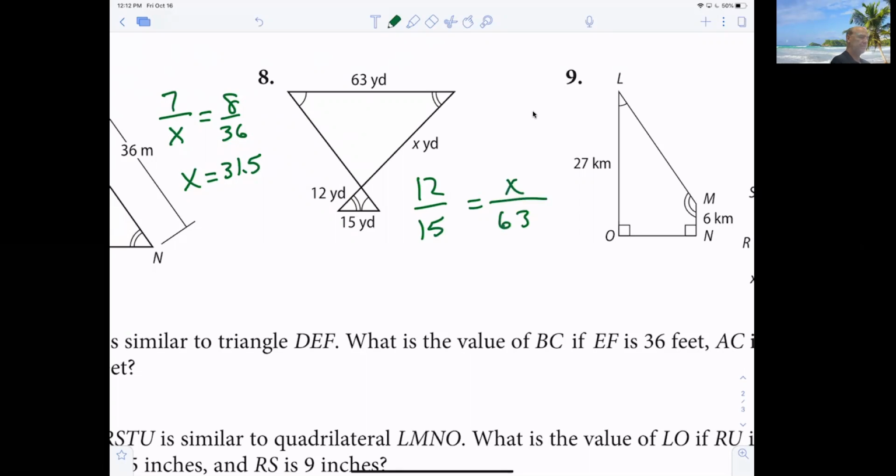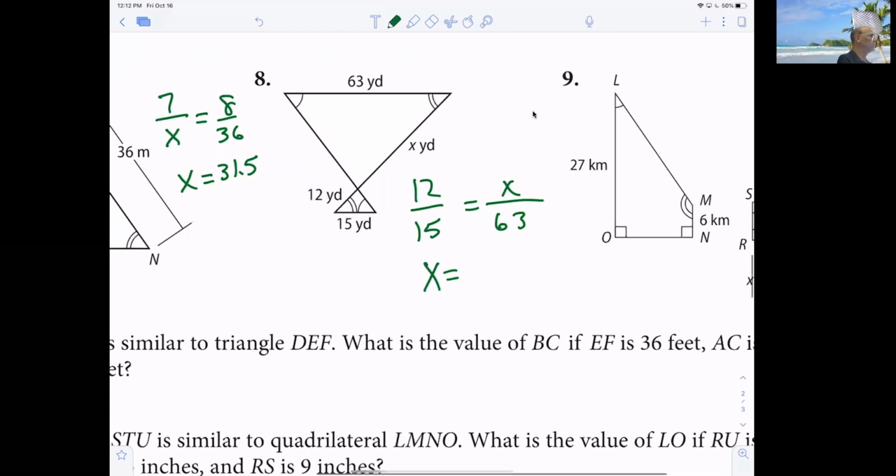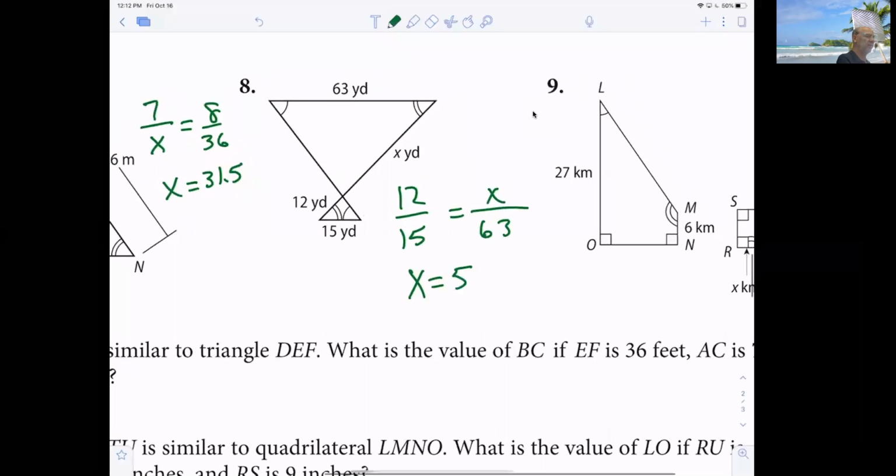Yep. How much? 50.4. Anybody else get 50.4? Yeah. Wow, okay, all right.